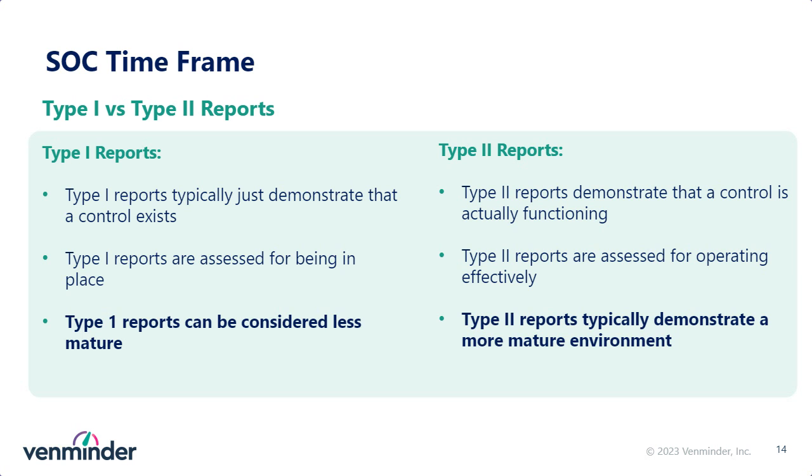A type 2 report is really going to demonstrate that the control is actually functioning, that it was operating as it should. And type 2 reports, we feel, typically demonstrate a more mature control environment. So with a type 1, you would almost expect to see a type 2 be their next iteration of their SOC report. You want to grow into that type 2 if you're starting off as a less mature organization.